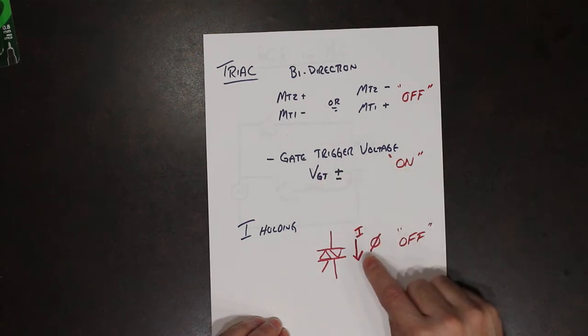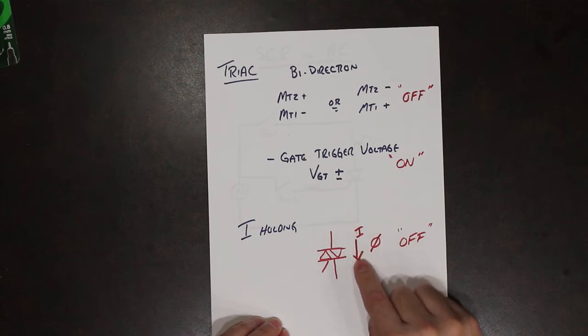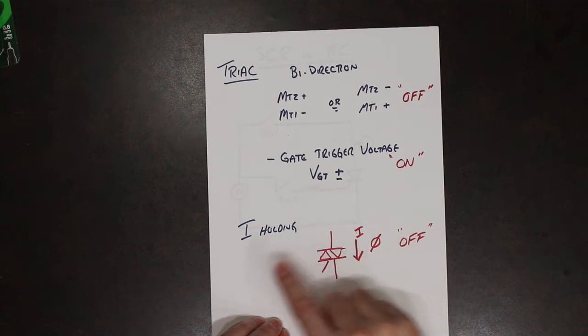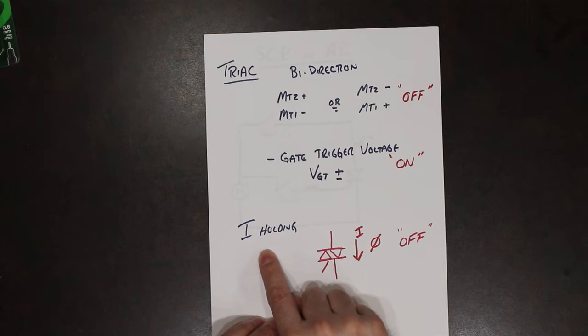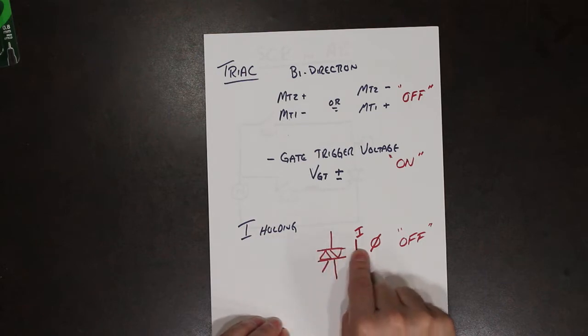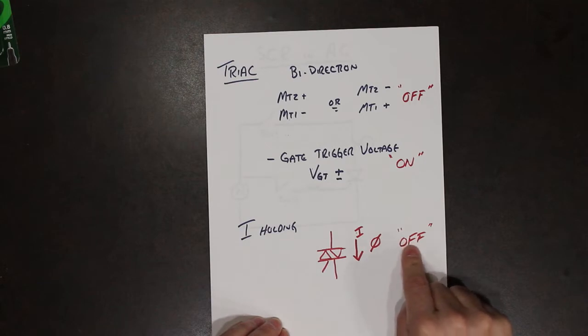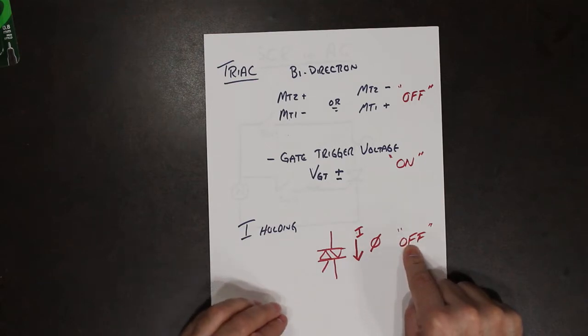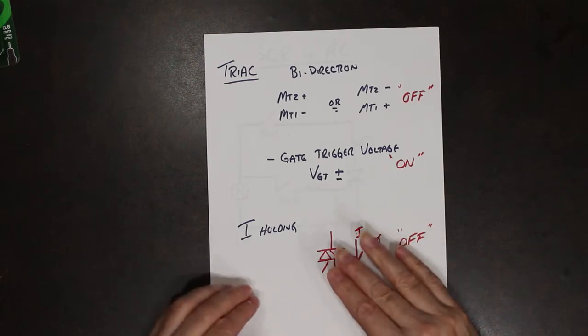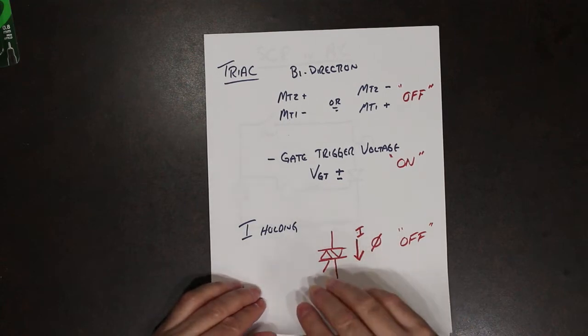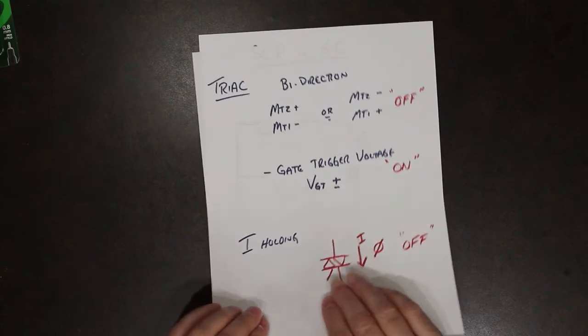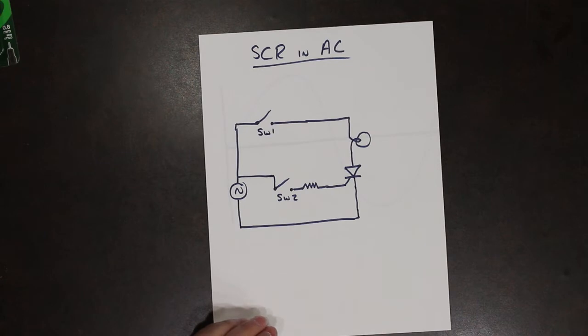It will remain on as long as there's current flowing through the device and that current is greater than I holding. Once the current falls below I holding, the device turns off. So what we're going to do is look at how that now works in an AC system.